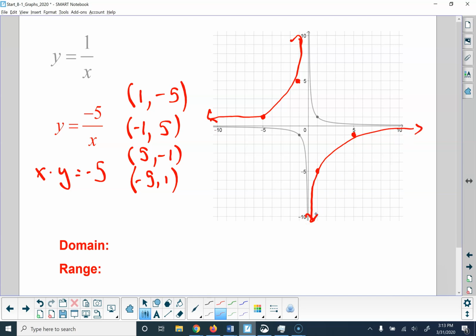You could think of it as reflecting over the x-axis. This branch goes down here, or you could think of it as reflecting over the y-axis. Either way is totally legitimate, and again, that's because of the symmetry. Domain, no surprise, x is not equal to 0. Range, y is not equal to 0.